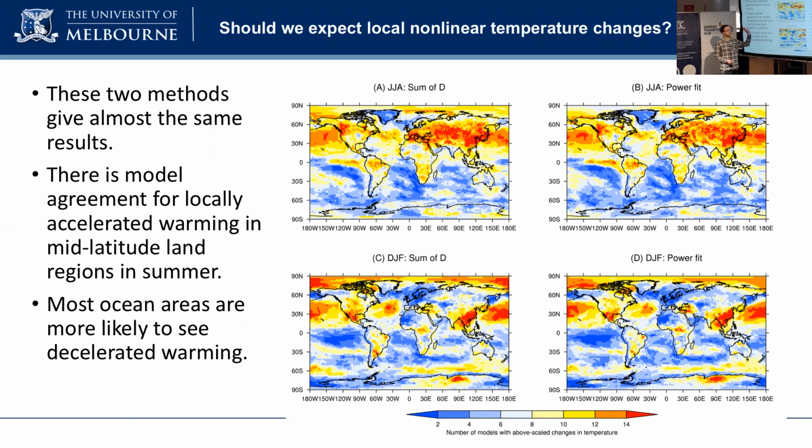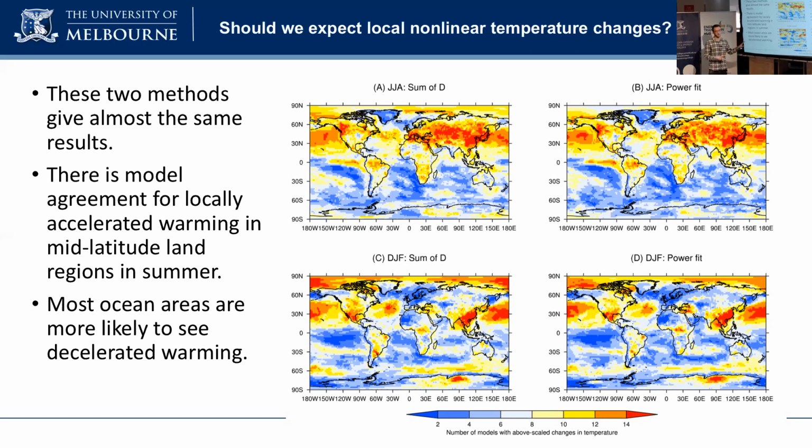So over northern hemisphere land regions, particularly in their summertime, there is likely to be an acceleration in local warming. So that obviously is quite important for them to know. Whereas for ocean regions, especially slightly more in the winter hemisphere, but in general over ocean regions, there's a slight deceleration in warming projected as we move to higher global temperatures.